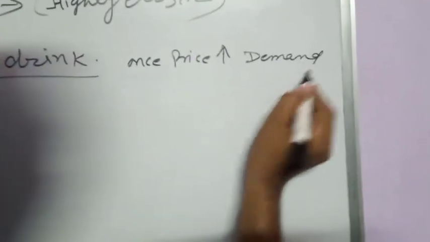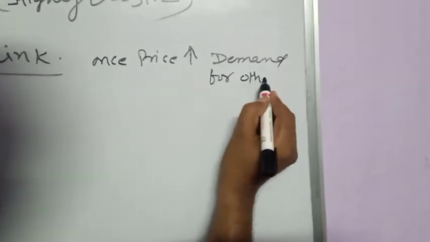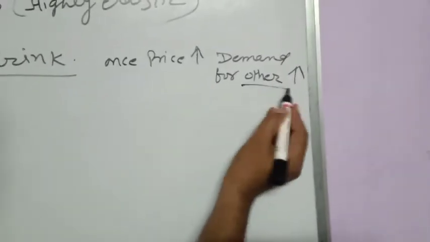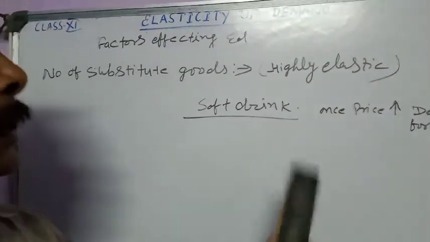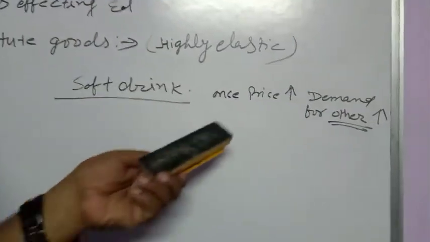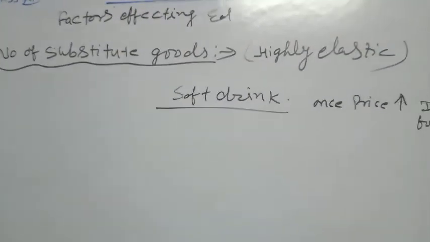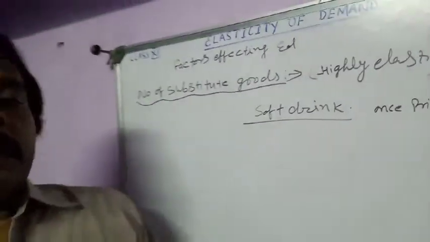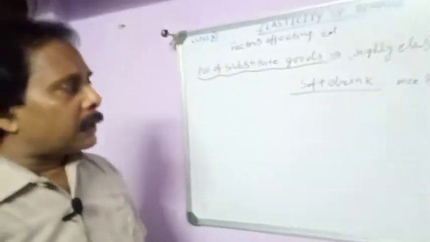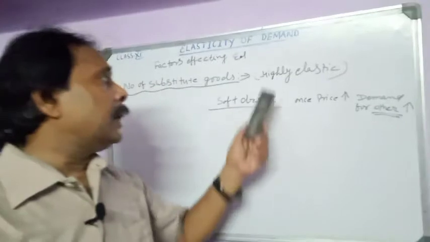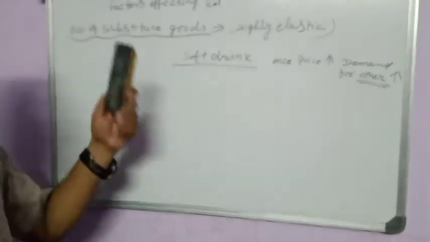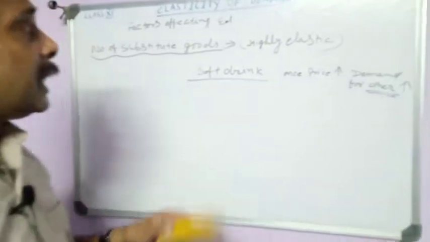Demand for the others will increase. Why has the demand for other soft drinks increased? Because the price of one soft drink has increased. Here a number of substitutes are available. We are ready to buy Coke in place of Pepsi, or Thums Up, 7-Up, and so on. That's why if more substitute goods are available, it will be highly elastic, and if there is no substitute, it will be much less elastic.